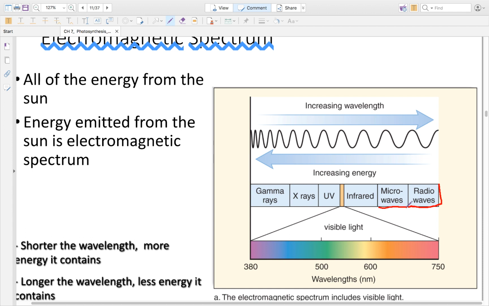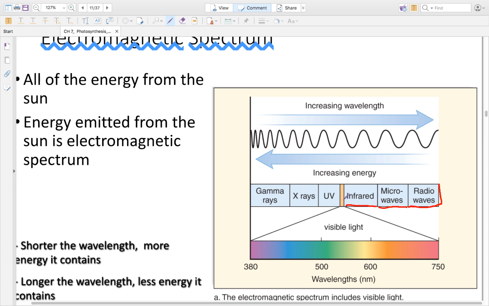Microwaves are used in our microwaves themselves, our cell phones. They're pretty large waves, and this allows us to have the communication that we do have. And then we have infrared. Infrared, of course, comes from the sun. We feel it as heat, but of course it's not visible.